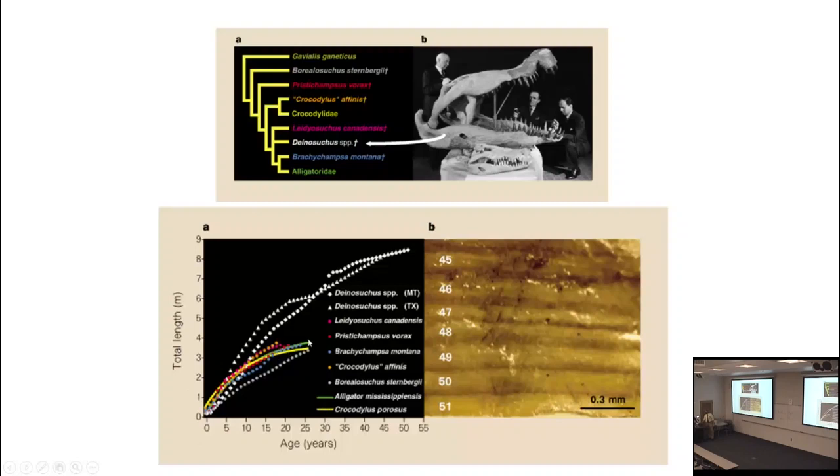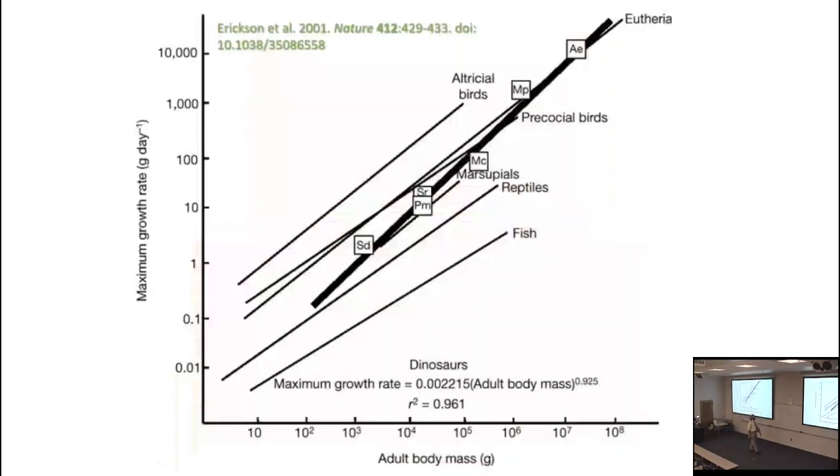So the green is alligator, the yellow is the saltwater crocodile. And we do notice that this giant Cretaceous crocodile is growing faster than modern crocs, but not tremendously faster.